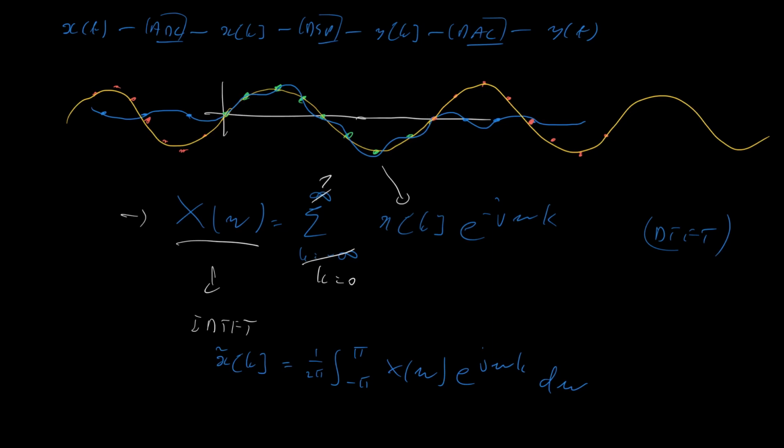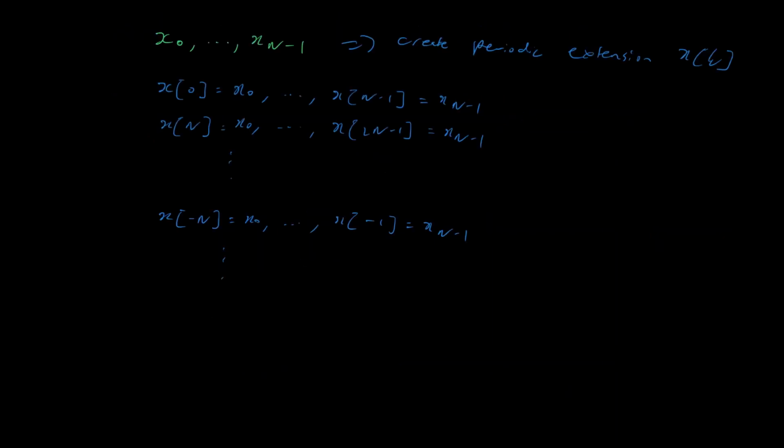We will now make this mathematically rigorous. We are given a finite amount of data in the time domain. From this data, we then create a periodic extension x of k, where x of 0 is just x of 0 up to x of n minus 1. Then going forwards, we repeat our sequence an infinite number of times, and going backwards we also repeat our sequence an infinite number of times.